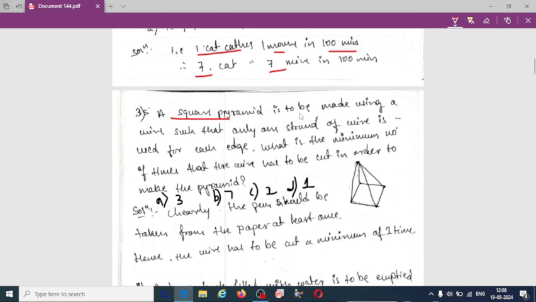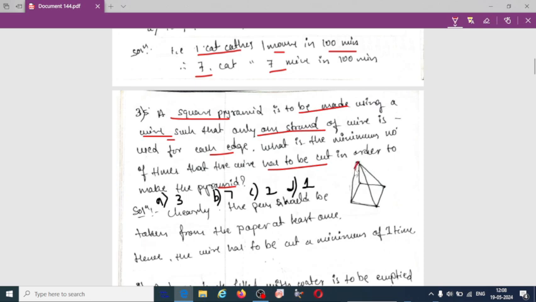Next question: a square pyramid is to be made using a wire such that only one strand of wire is used for each edge. What is the minimum number of times that the wire has to be cut in order to make the pyramid? So the pyramid shape is like this. If you draw with your pen, the question is how many times the pen should be lifted from the paper to draw the structure.